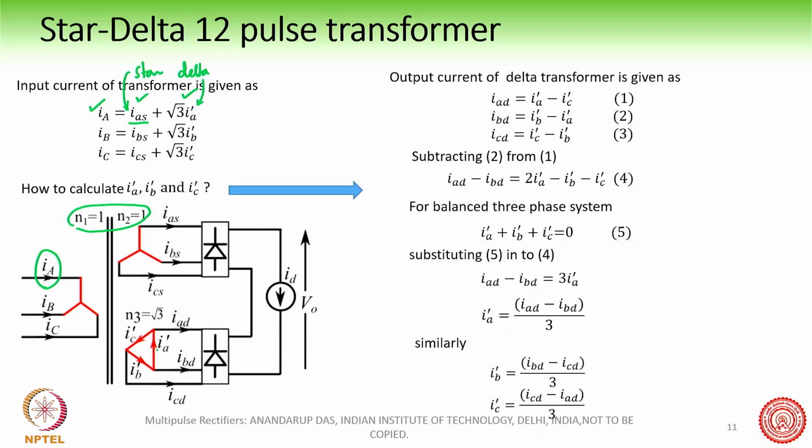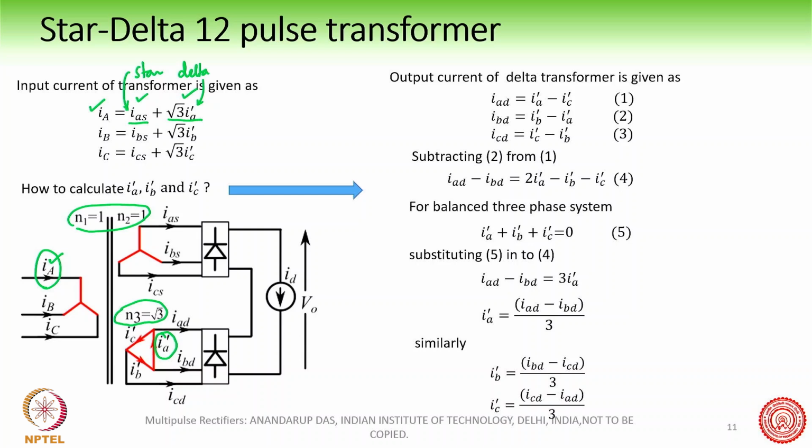So this delta, okay, this current here will have an MMF balance with this IA dash current, right? But now you have a √3 factor that will come into the picture, because the turns ratio is √3, right?